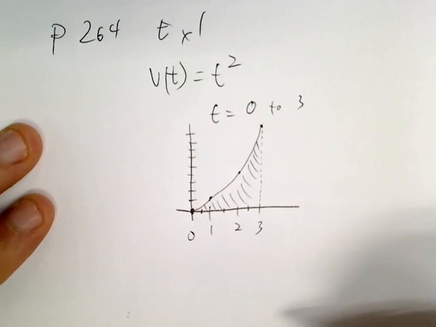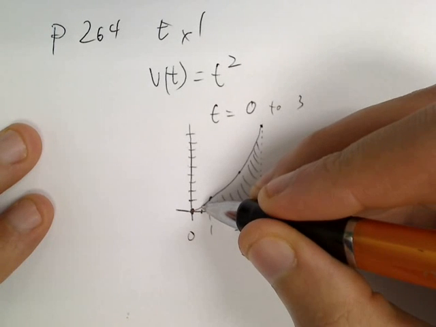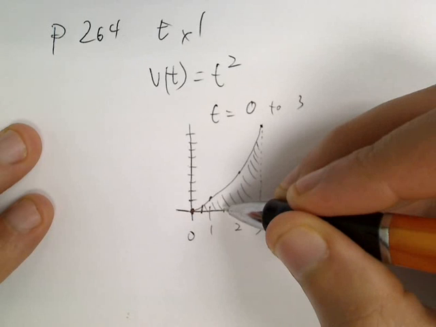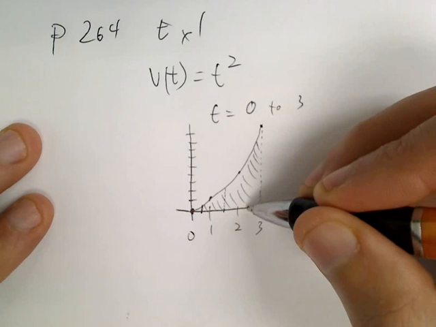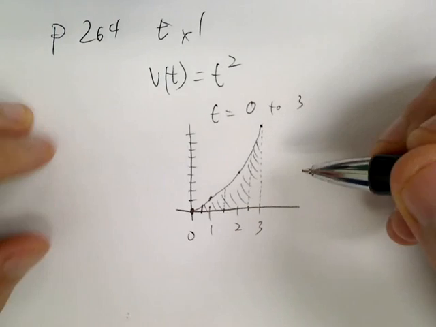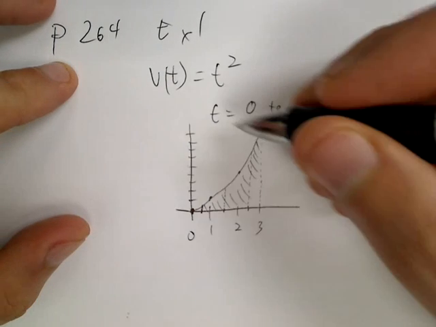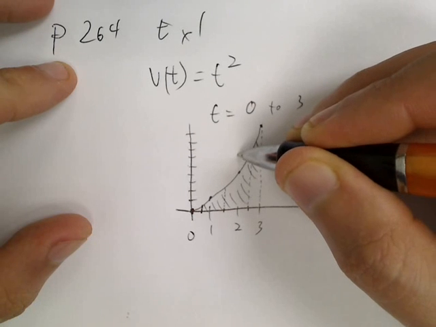And I'm going to draw some rectangles at that middle point. At this middle point, it'll be right there. At this middle point, that will be right there. And at this middle point, that will be right there. Just hang out with me for a minute.